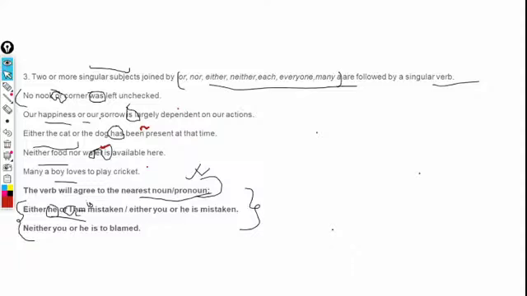The next important point that we studied is that when we have two or more singular subjects joined by or, nor, either, neither, each, everyone, many a, we will write a singular verb.